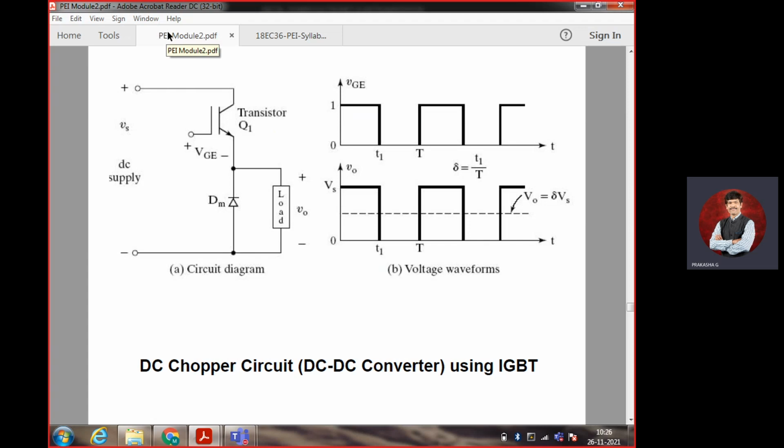This is some time. I will go for this as T on. T on time, I am given note. Next, up to some time I will go for T off. When the switch is open, obviously it is T off. So I will go for T off here.